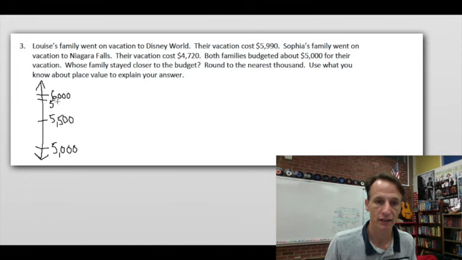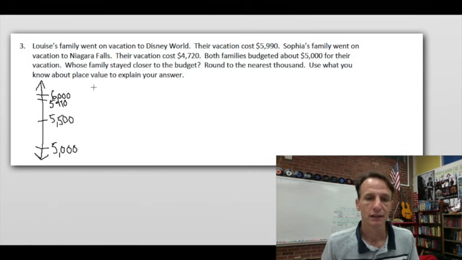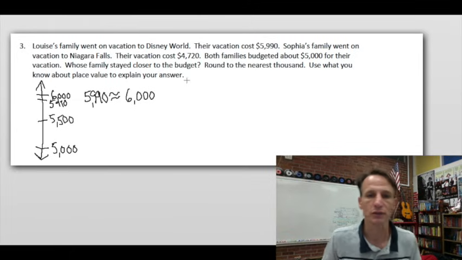So 5,990 is all the way up there. So we can now write how much this rounds to. 5,990 is about equal to 6,000. Now these are dollars. I'm just not putting the dollar signs here yet because we're just dealing with numbers.